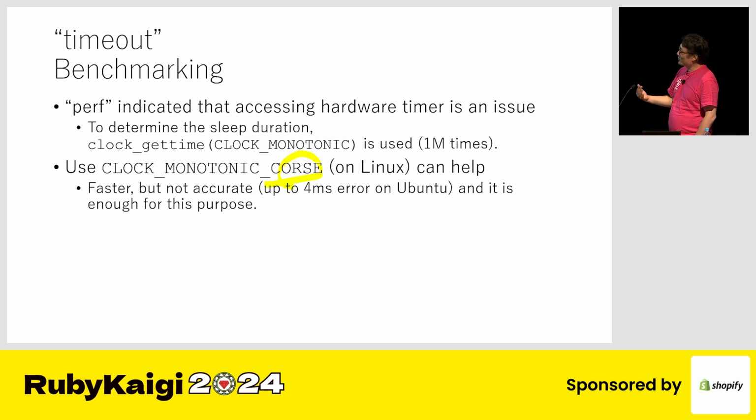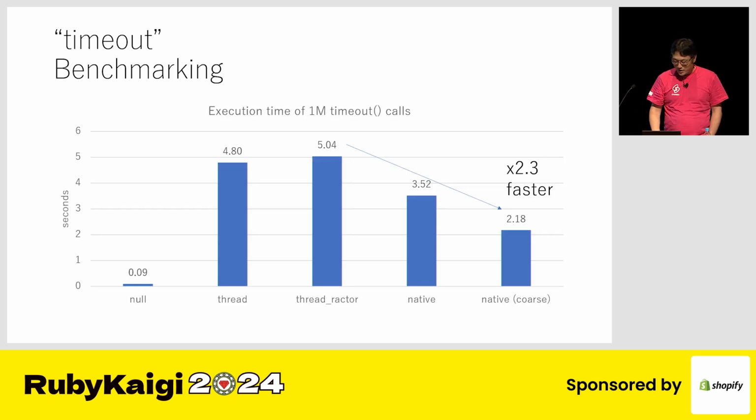It allows some error, up to 4 milliseconds, but that is enough for our purpose. So I chose this API, and it is about 2 times faster. I think it is a good performance improvement.